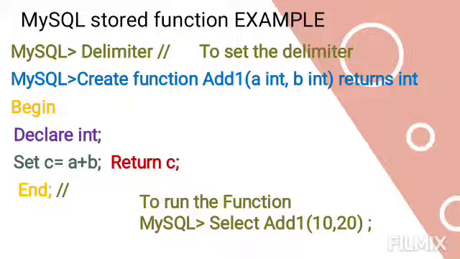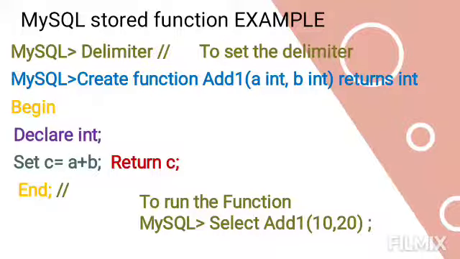In this function I just add two numbers and return that number to a PLSQL block or any SQL statement. Here I return c. c is the sum of two variables a and b, where a and b are the parameters passed in the add1 function.